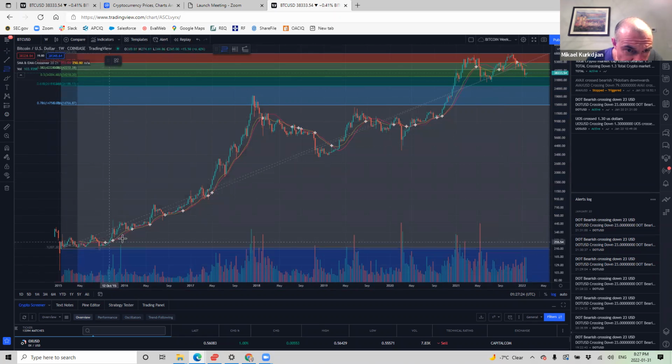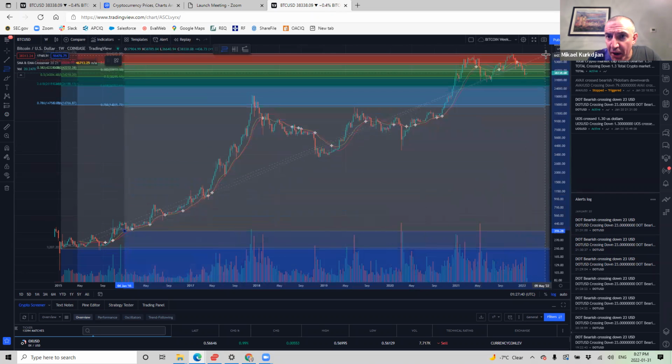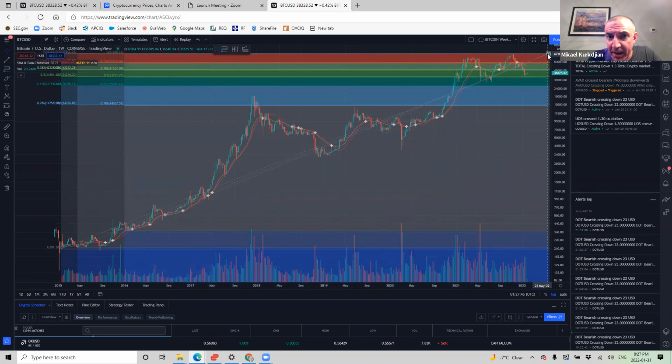The next point that I will see here is this congestion. Once Bitcoin has come down and hit this support line, this is going to be the point where we set our next starting point for this next chart. And this is going to be repeated all the way to the top.